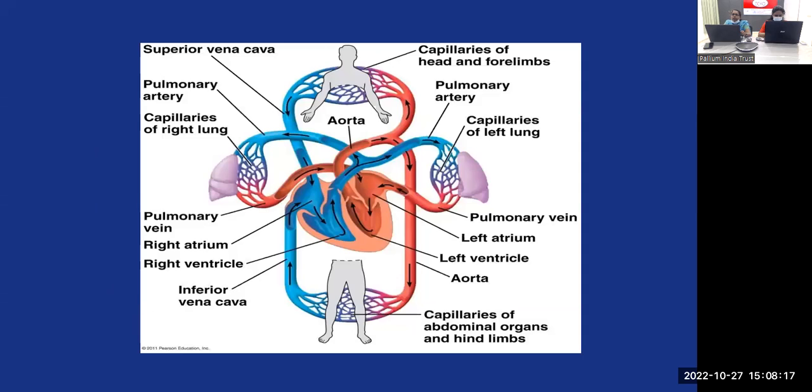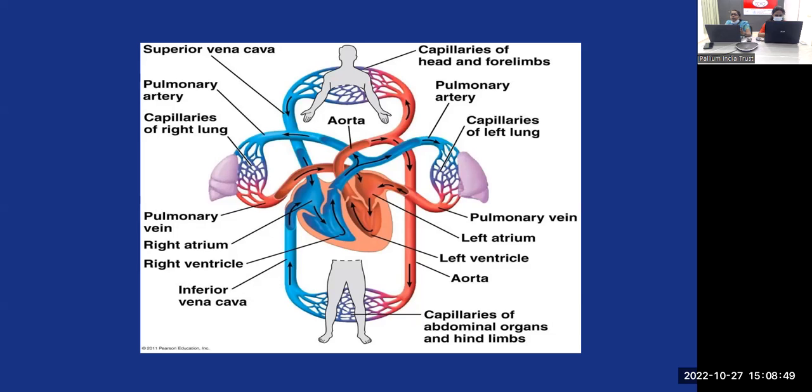We all know this is our systemic circulation, with the upper part of the body and the lower part of the body, as you can see in the picture. From the upper part of the body, deoxygenated blood is collected through the superior vena cava and goes to the right atrium, then from the right atrium to the right ventricle.